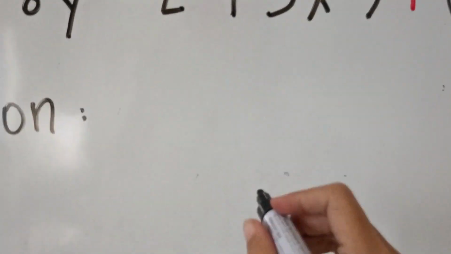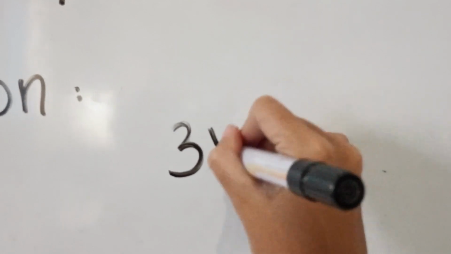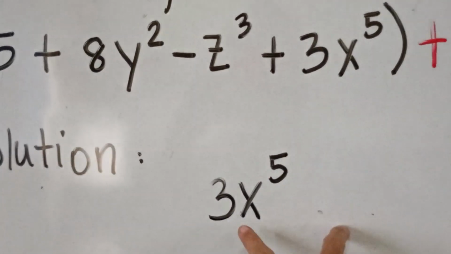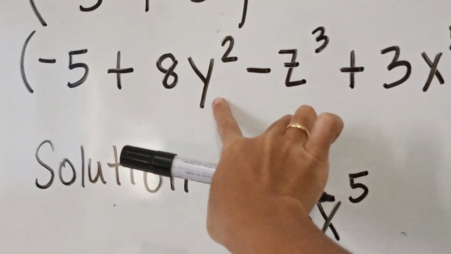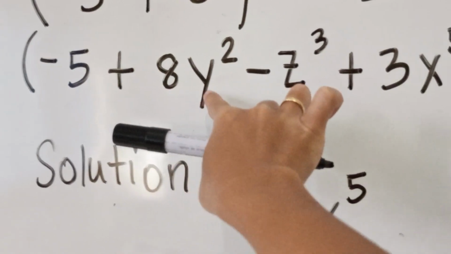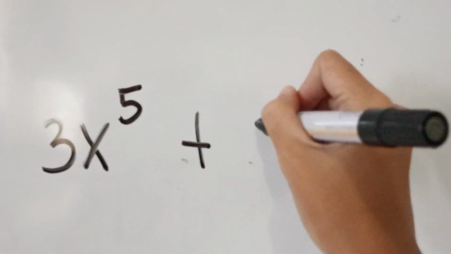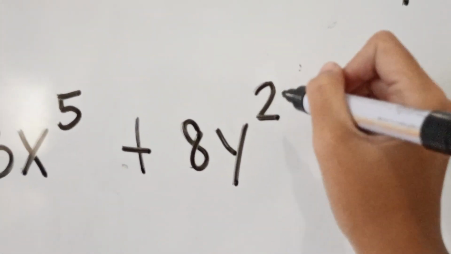So we're gonna copy first the 3x to the power of 5, and then after letter x or the variable x, we're gonna have the 8y squared, since after x is the variable y. So we're gonna copy positive 8y squared.